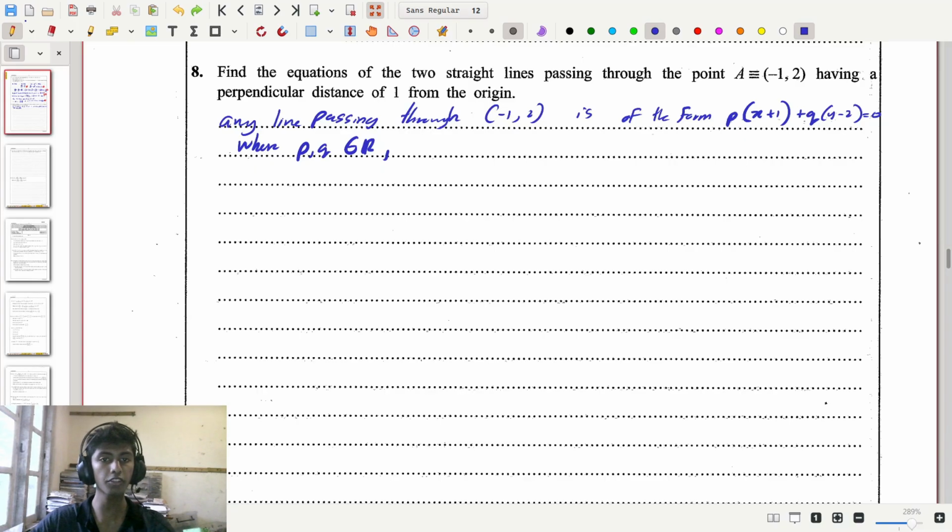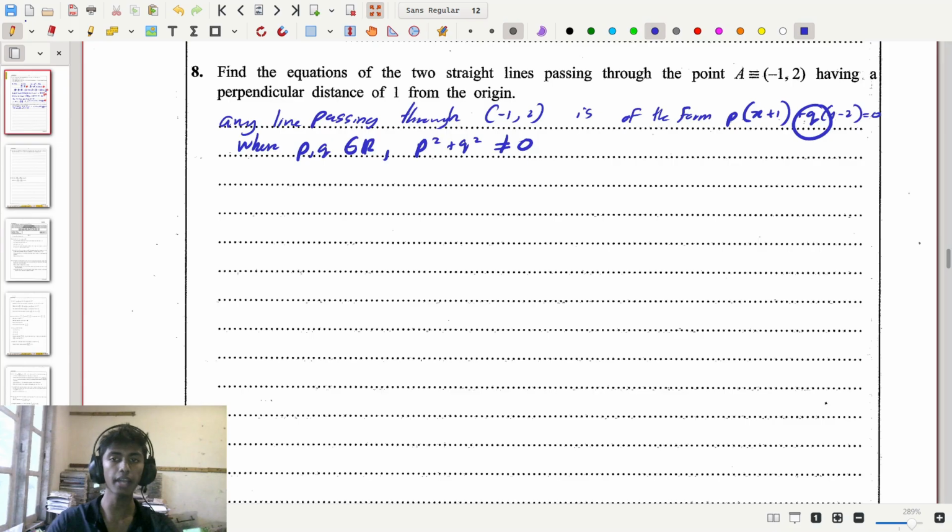Now we can express this by saying p squared plus q squared not equal to 0, because since p and q are elements of the real numbers, the only way that p squared plus q squared is equal to 0 is if p and q are both equal to 0 at the same time. Therefore, saying p squared plus q squared not equal to 0 is basically identical to saying p and q are not both equal to 0 at the same exact time. One of them can be 0, but if one of them is 0, the other one cannot be 0.